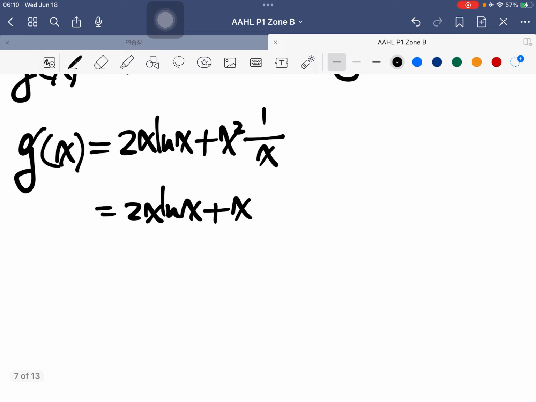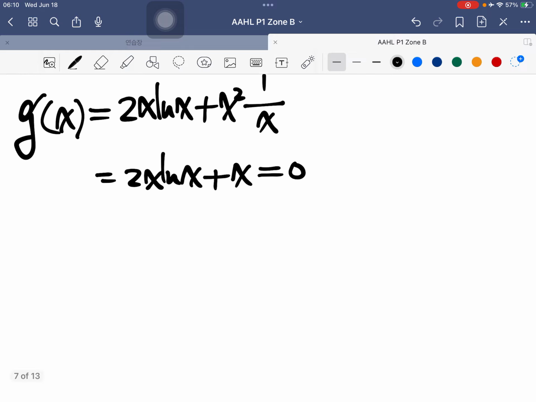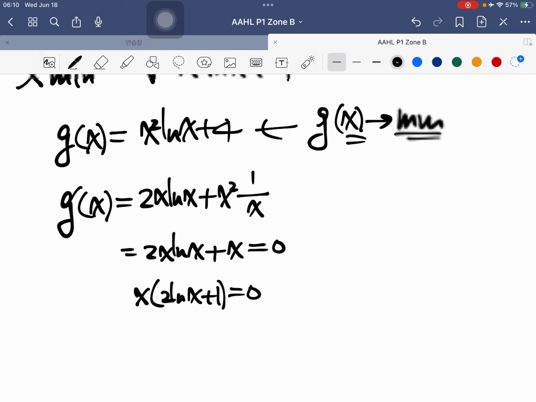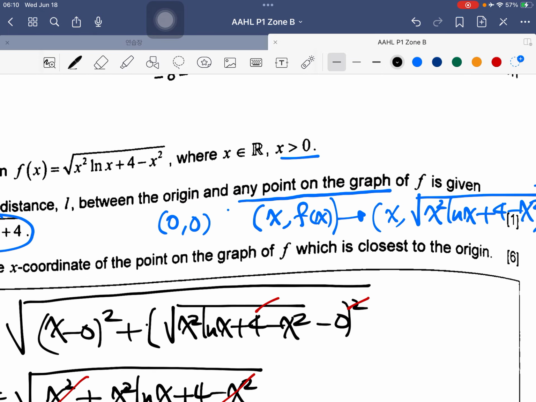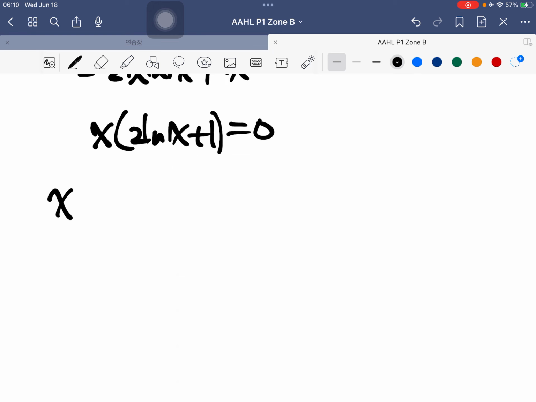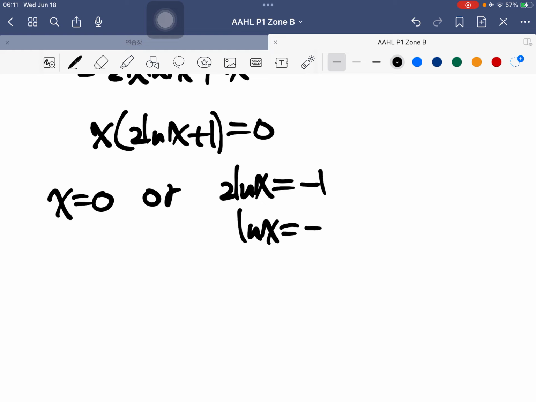So when g prime of x equals 0, we can find a local maximum or local minimum. We can factorize x in front: x times 2 ln of x plus 1 equals 0. Because x is greater than 0, x cannot be 0, so 2 ln of x equals negative 1, which means ln of x equals negative 1 over 2.